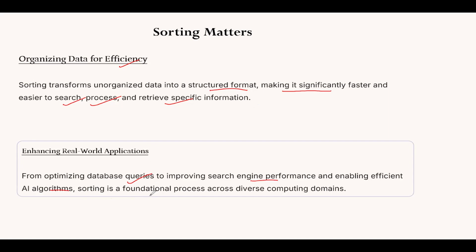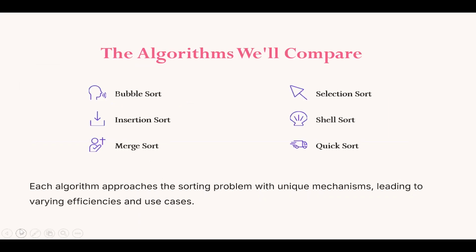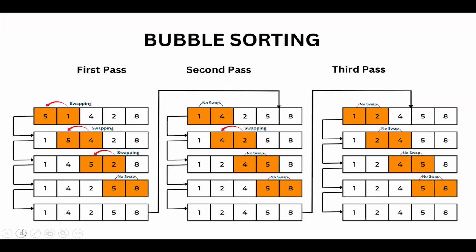Sorting is a foundational process across diverse computing domains. That is the significance. That is why sorting matters. That's the reason we have learned all the different kinds of sorting algorithms, which will be used depending on their usability in different places. So in today's session, we will cover all these six algorithms which have been discussed in an elaborate way. Let us go through them one by one.